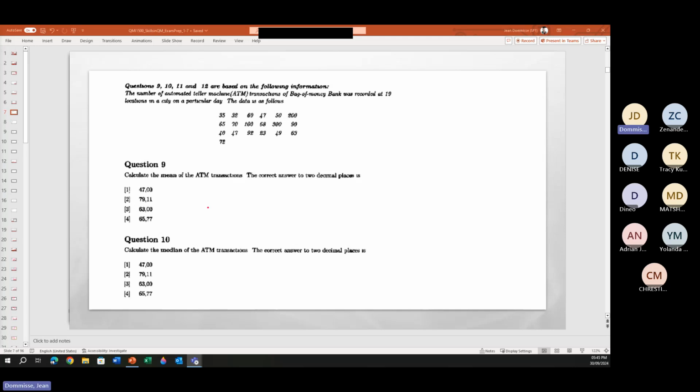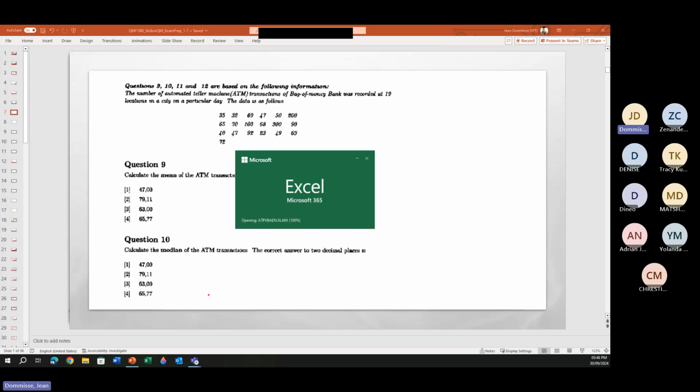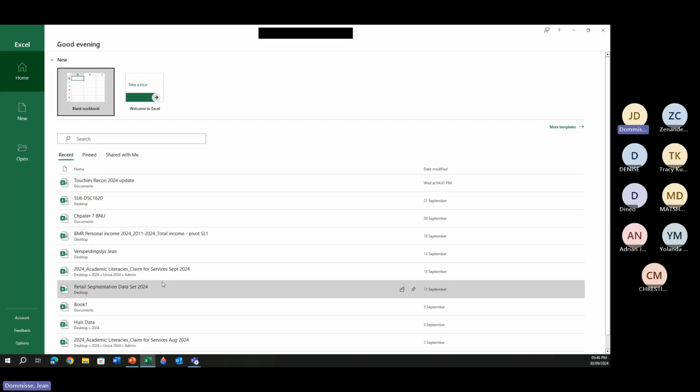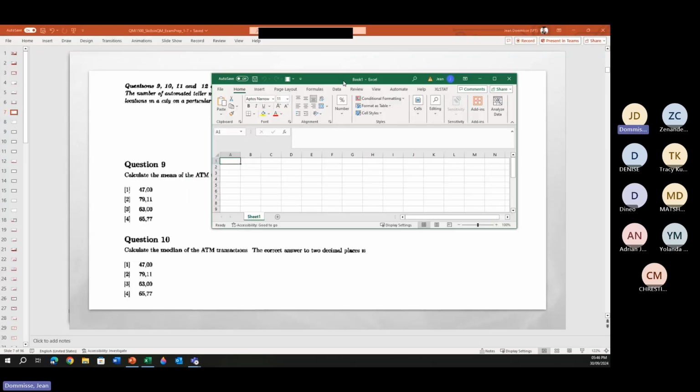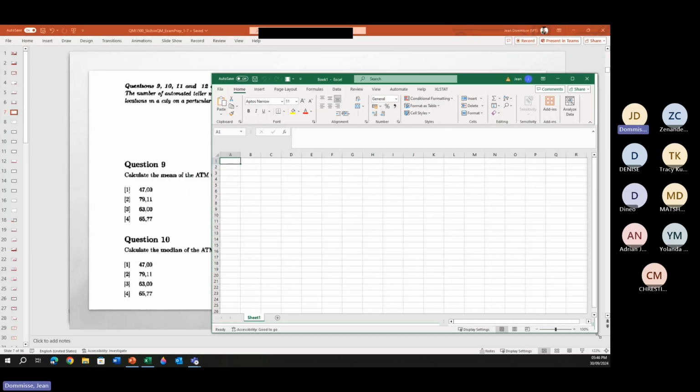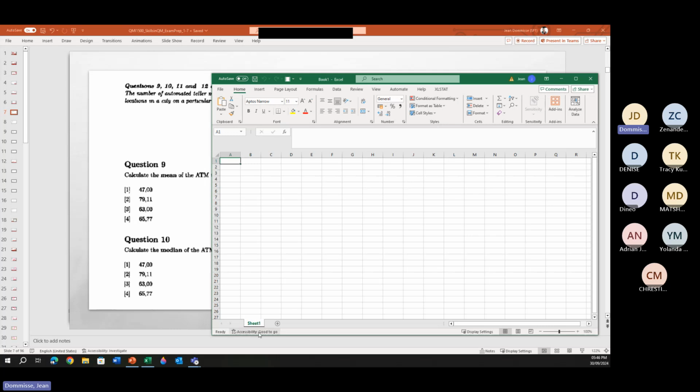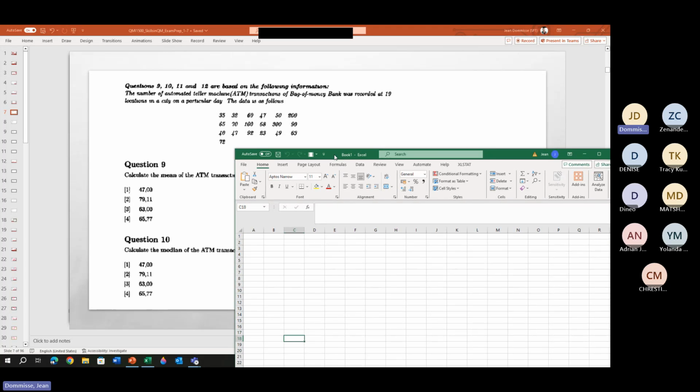What I'm going to do with this one tonight is do it in Excel. Then I am going to share the spreadsheet with you afterwards as well. Again, you are allowed to use Excel, you are allowed to use your calculators, your financial calculators.